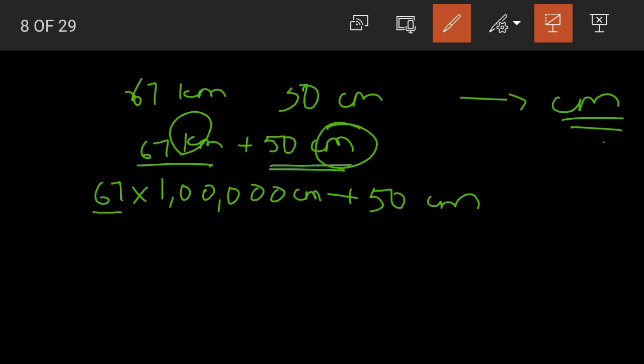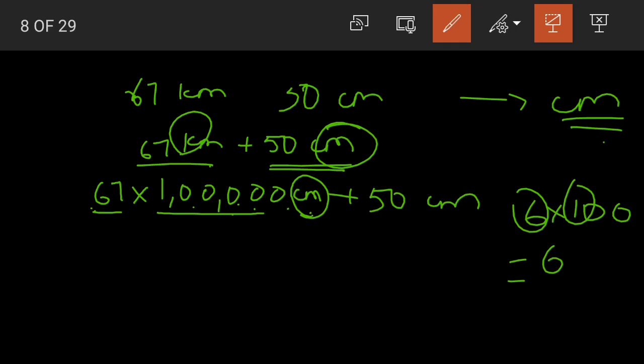When we multiply the kilometers by 1 lakh, the answer would be centimeters. So I am writing centimeters. 67 into 1 lakh. Whenever we have to multiply one number with another number which has all zeros, for example 6 into 100, how will we multiply? 6 ones are 6 and then write the number of zeros, 600.